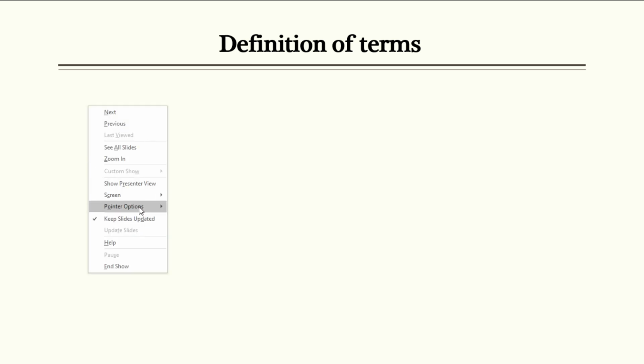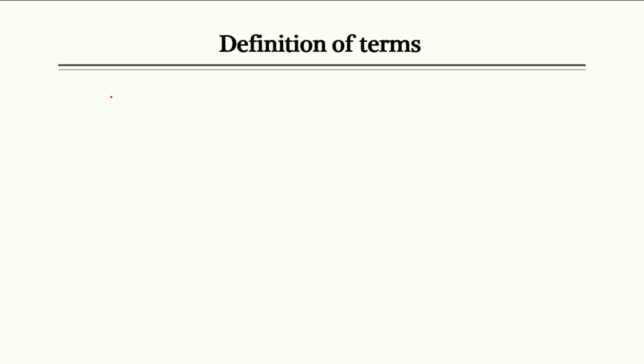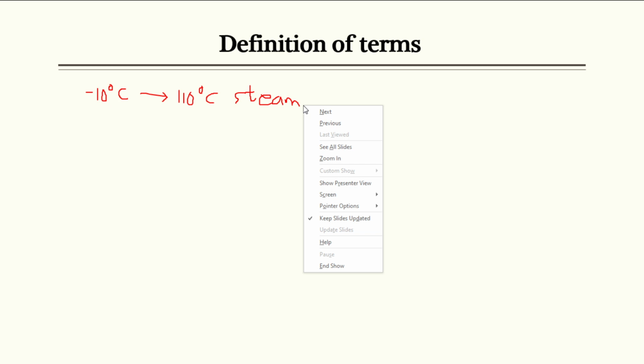Ang given natin, negative 10 degrees Celsius to 110 degrees Celsius na steam. So, from ice to steam. Kapag magko-convert ka ng ganyan, medyo magastos yan. Maraming energy yung kailangan mo. Kaya, advisable, kapag maggagawa ka ng steam, dapat magsisimula sa water, hindi sa ice, kasi magastos yan sa energy, sa fuel.